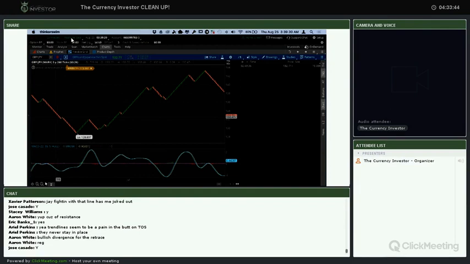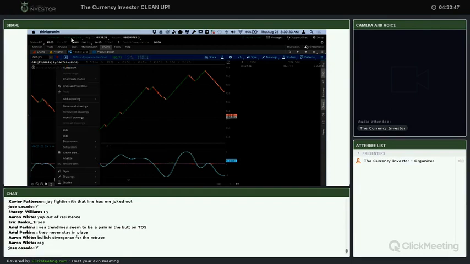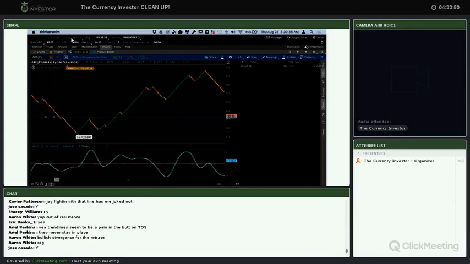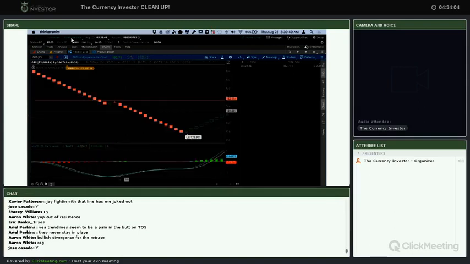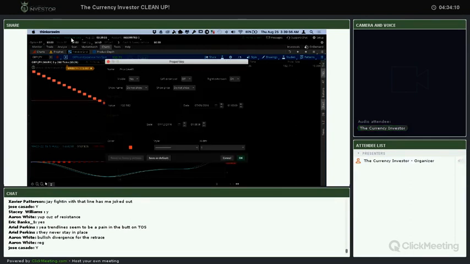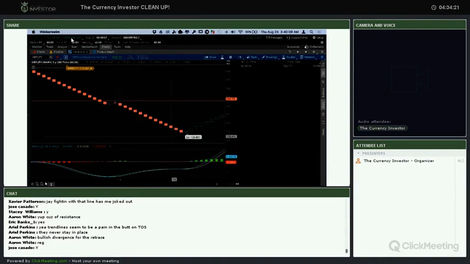Look, and the high, 132.53, 132.52. So we got that red line right on it.